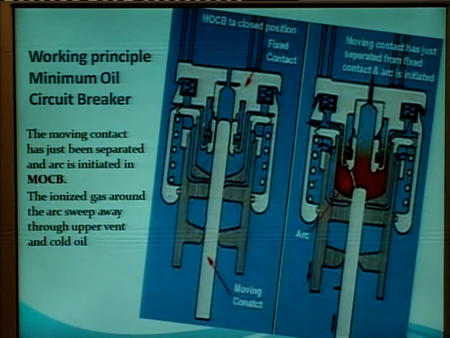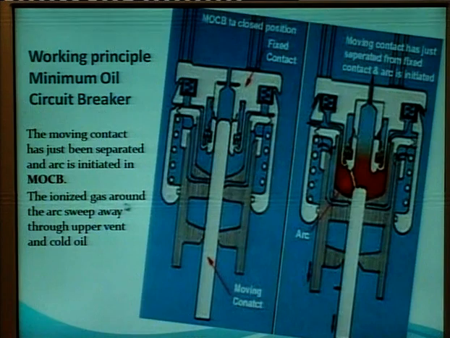In the first diagram, both the contacts are closed, that is the normal condition. Now whenever there is a fault, this moving contact gets separated from the fixed contact. Now as the moving contact gets separated, an arc is established between the two contacts.